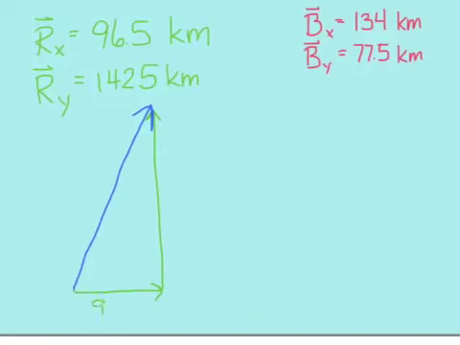So now that I have an x and y component, and I have a nice right triangle here, I can find the magnitude of my resultant by using the Pythagorean theorem. The square root of 96.5 squared plus 142.5 squared. That yields a magnitude of 172 kilometers.